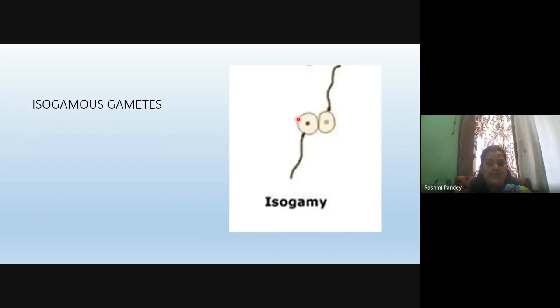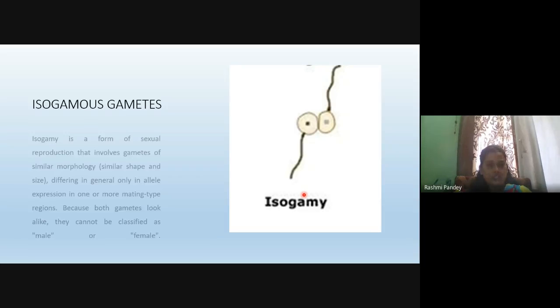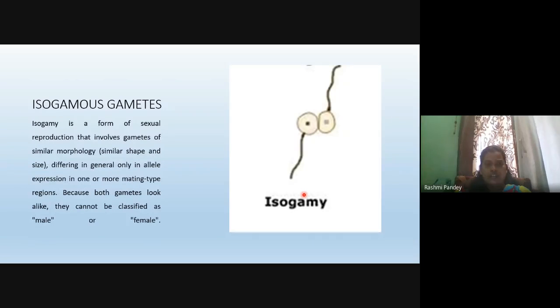Here we can see there is a black nucleus and a slightly gray nucleus. So we can say there are two different strains of gametes which are uniting, but morphologically they look very similar. Both are motile, both have the same size and shape. So that becomes isogamous. It is a form of sexual reproduction that involves gametes of similar morphology.